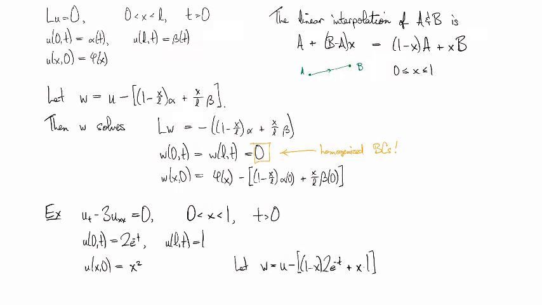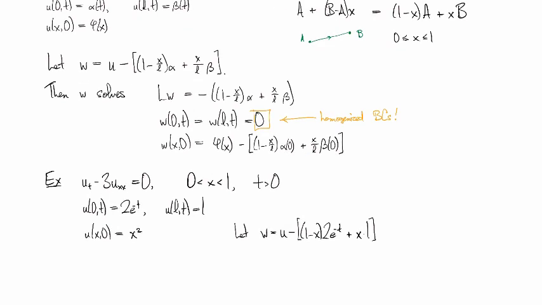And so when I substitute this in, I have the new problem, w_t minus 3w_xx is going to be 1 minus x times 2e to the minus t. That's actually the time derivative of alpha, right, which kicks out a minus sign, so that cancels this minus sign here.